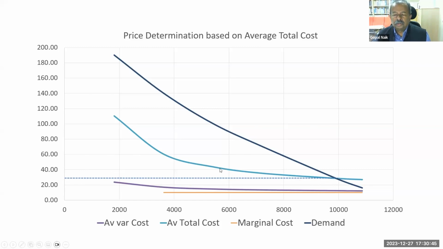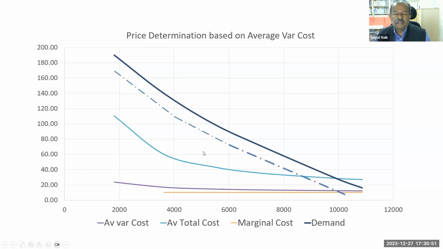Now, one can also look at, of course, this is the current demand. So people are ready to pay. Well, if the demand is not this, but let's say the demand is this dotted line, then what is the price that you can charge so that people will pay for it? Which again comes to about 13 rupees or so.